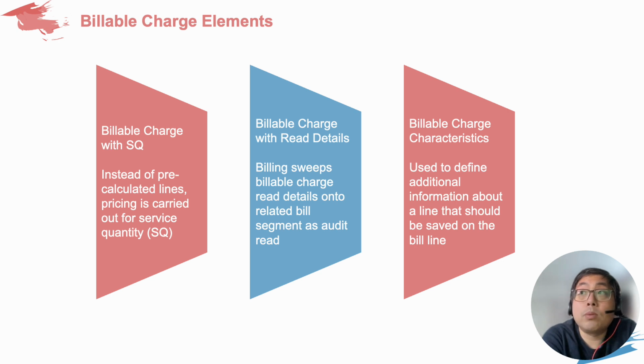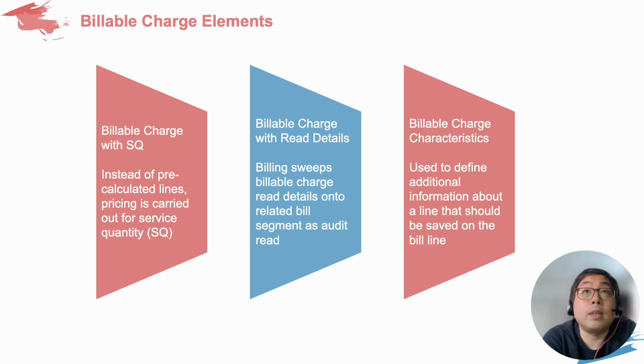If the readings need to be presented on the bill, then we need to have all the read details in the system. Now, for the base package bill segment creation algorithm, it's simply just to swap the billable charge read details onto the bill segment as audit reads.